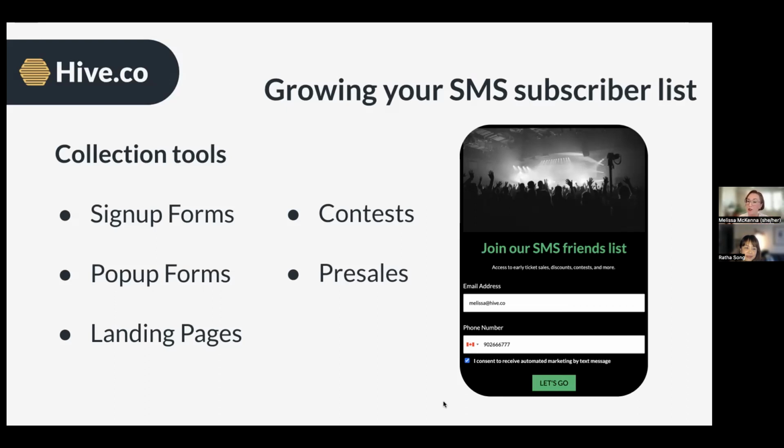In Hive, we do use the email address as the unique identifier for each contact profile. So by collecting that at the same time as the phone number, you're ensuring those two pieces of information join together in one contact profile in Hive, which down the road is helpful for tracking revenue, but also just keeping everything cohesive and in one place altogether, as you're using that CRM aspect of Hive.